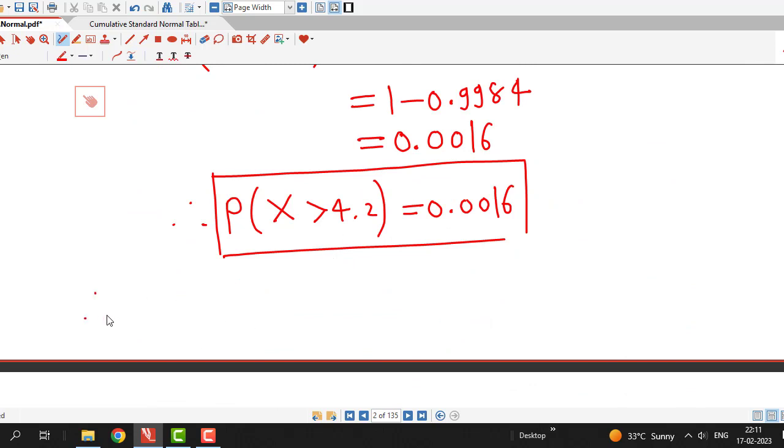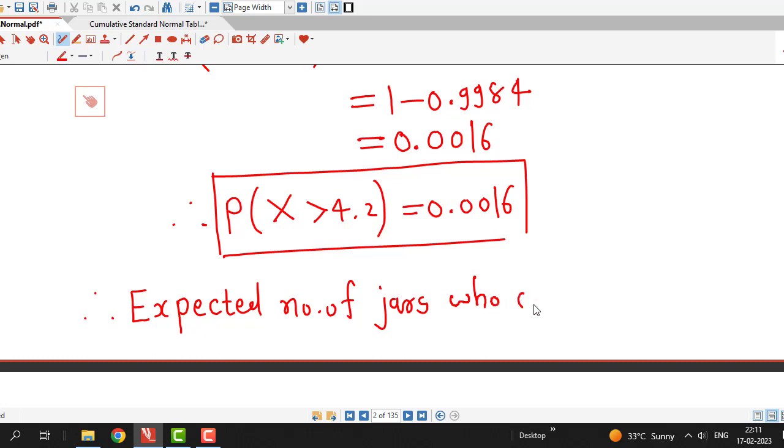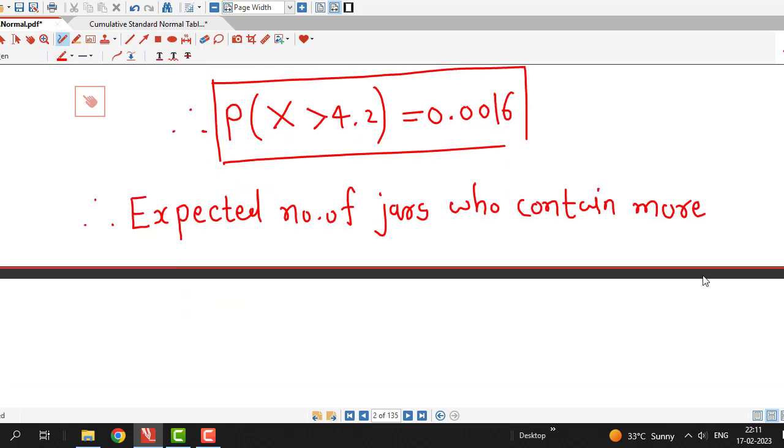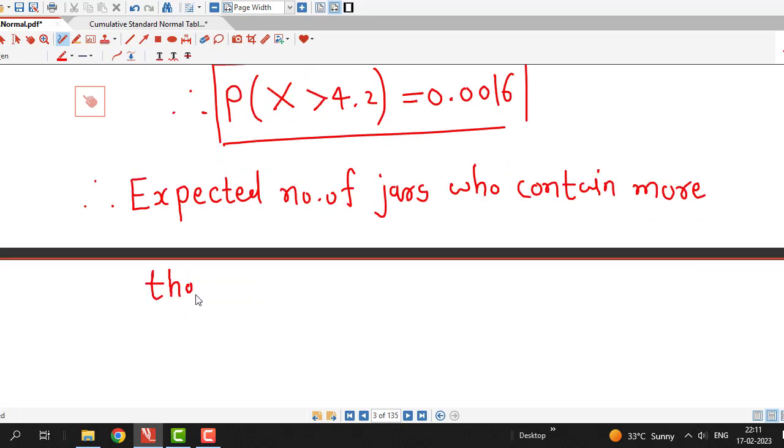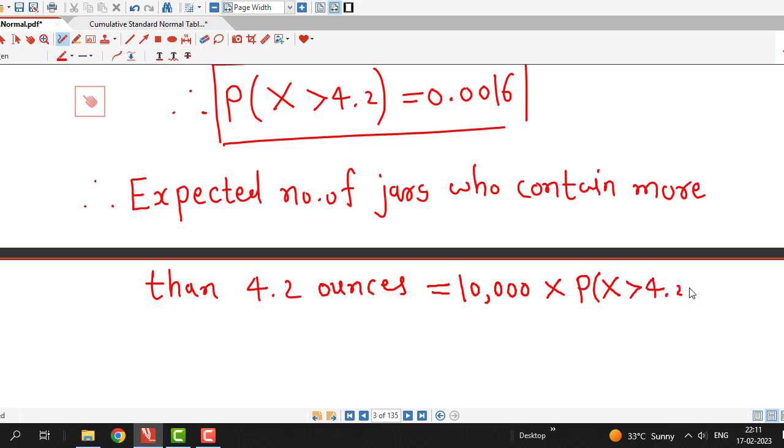So now we write in this way, therefore the expected number of jars which contain the amount of coffee which is more than 4.2 ounces is equal to 10,000 times the probability that capital X is greater than 4.2, and that we have obtained as 0.0016, and the product is 16.